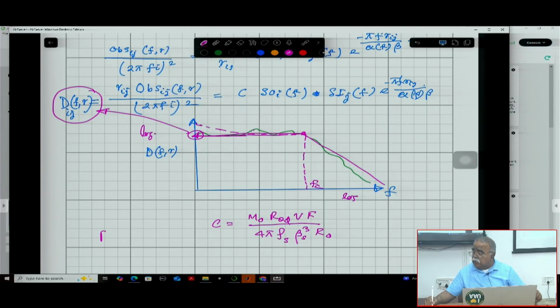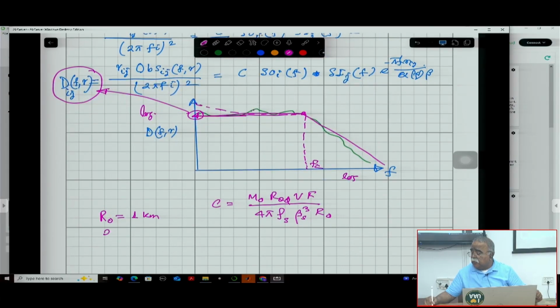So R0 equals 1 kilometer, and rho s is the source density, so density at source. You can take it as 2.767 gram per cc. Okay.